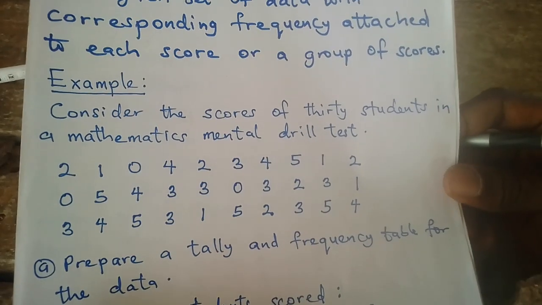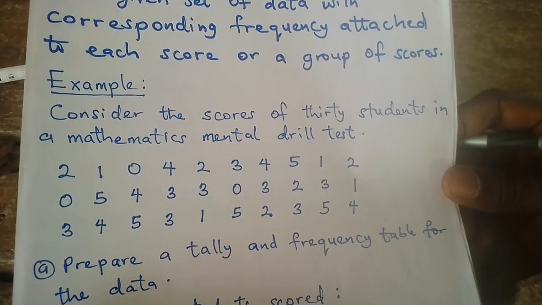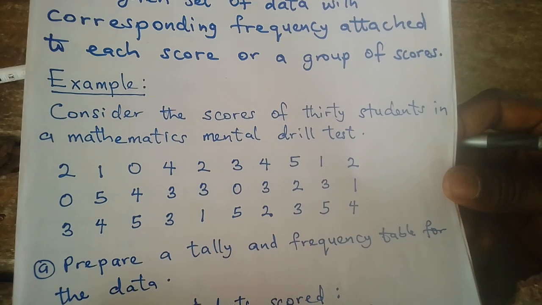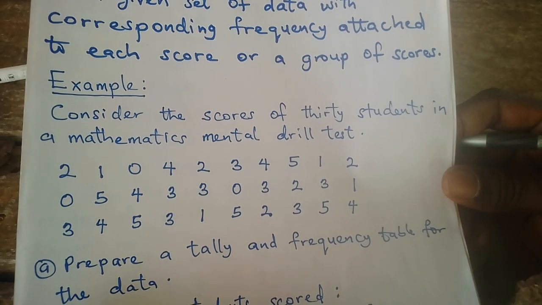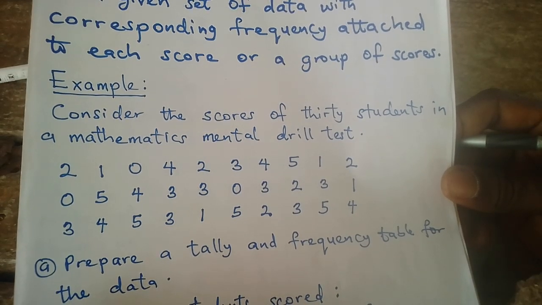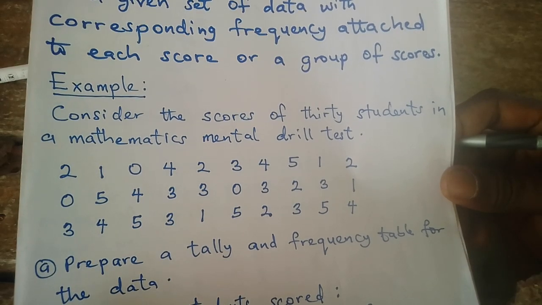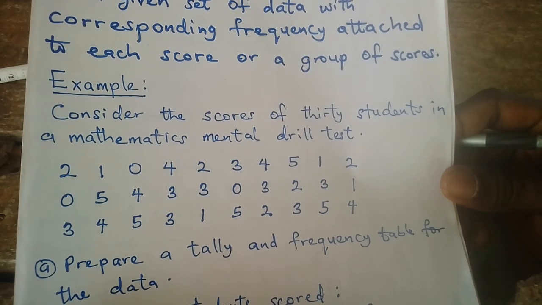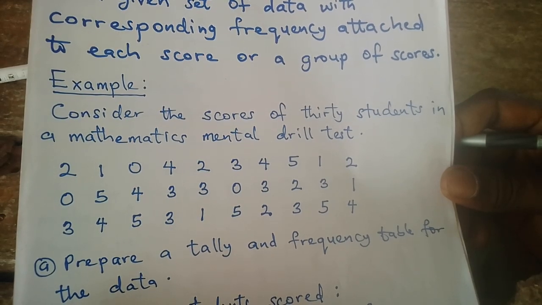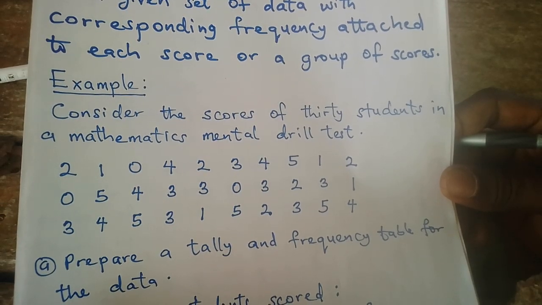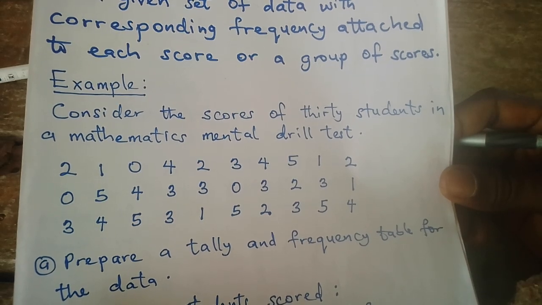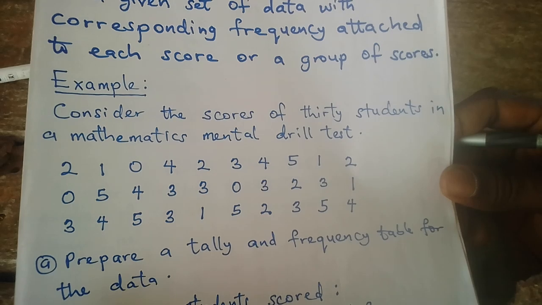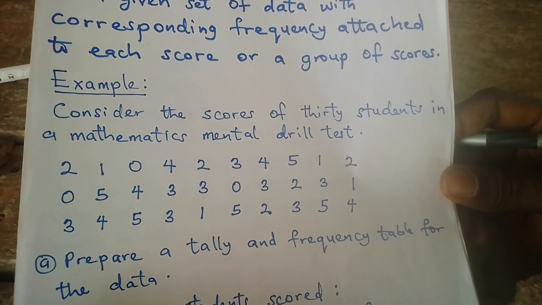The scores we have are 2, 1, 0, 4, 2, 3, 4, 5, 1, 2, 0, 5, 4, 3, 3, 0, 3, 2, 3, 1, 3, 4, 5, 3, 1, 5, 2, 3, 5, 4.